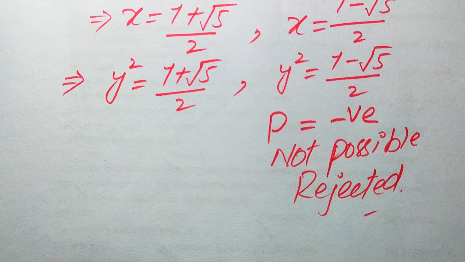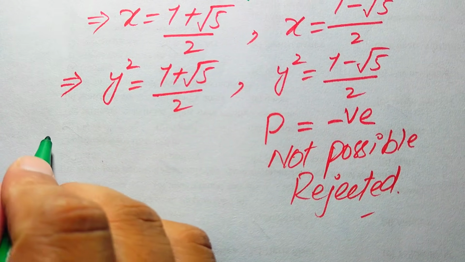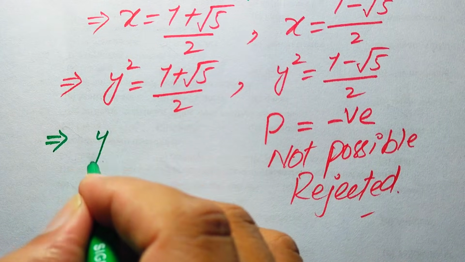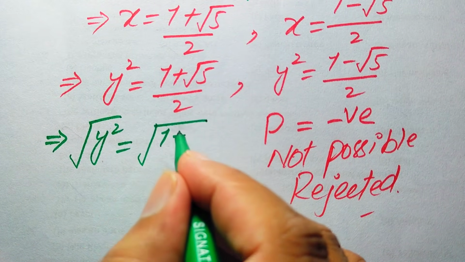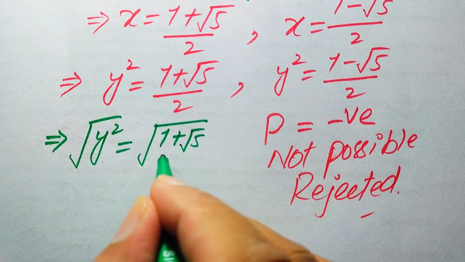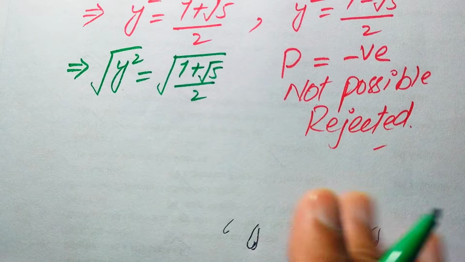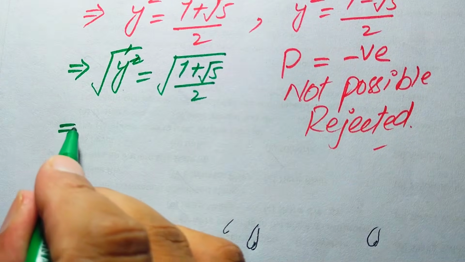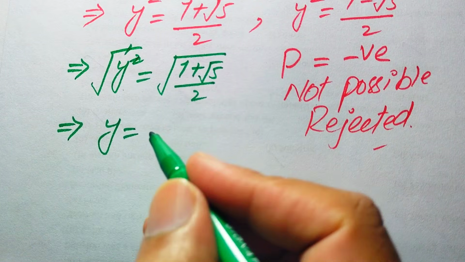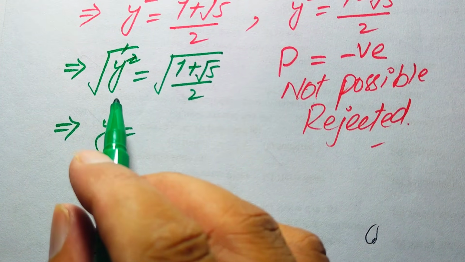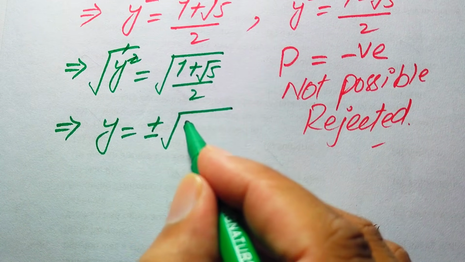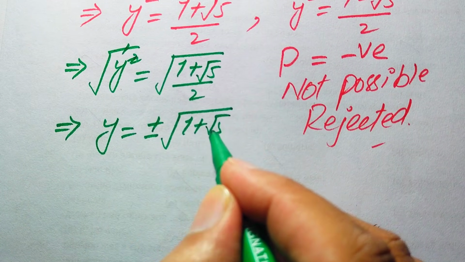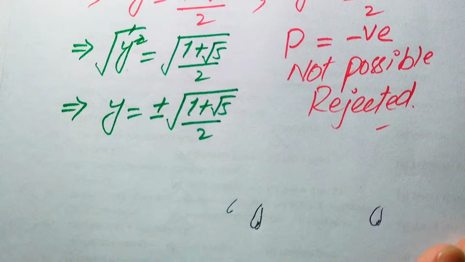In this case we need to find the value of y, so for this we take the square root on both sides, and we have 1 plus square root of 5 divided by 2. Now the 2 and the square root are gone, and we get y equals plus or minus, as you know that when we take the square root on both sides, we write the plus or minus sign on one of the sides, so we write it on the right hand side.